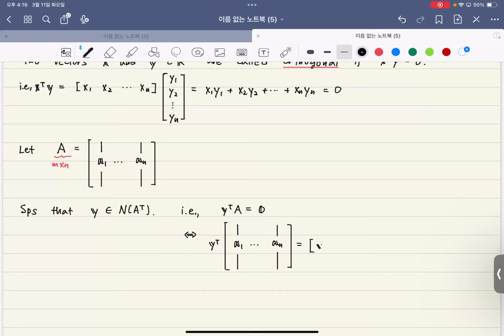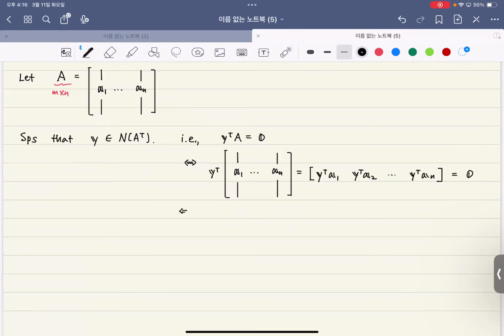Each of its components is y transpose A1, y transpose A2, up to y transpose An. The inner product of y with each of these column vectors is a component of the resulting row vector, and we require this to be 0, because y was a member of the left null space.